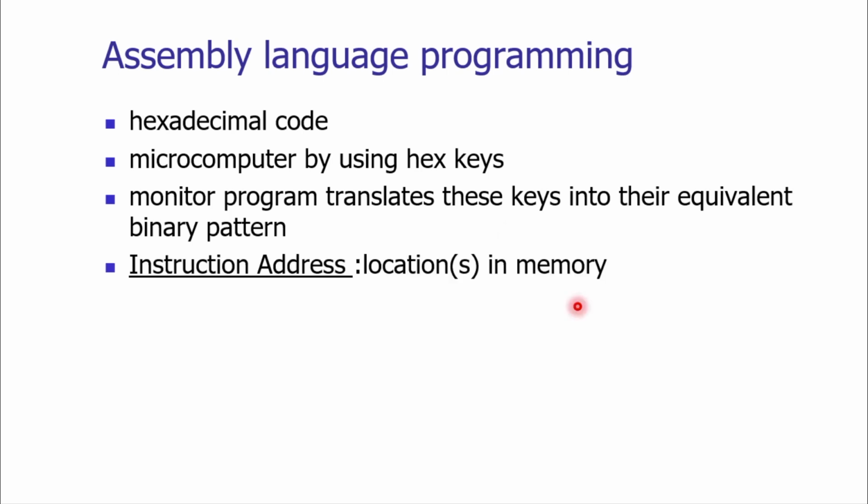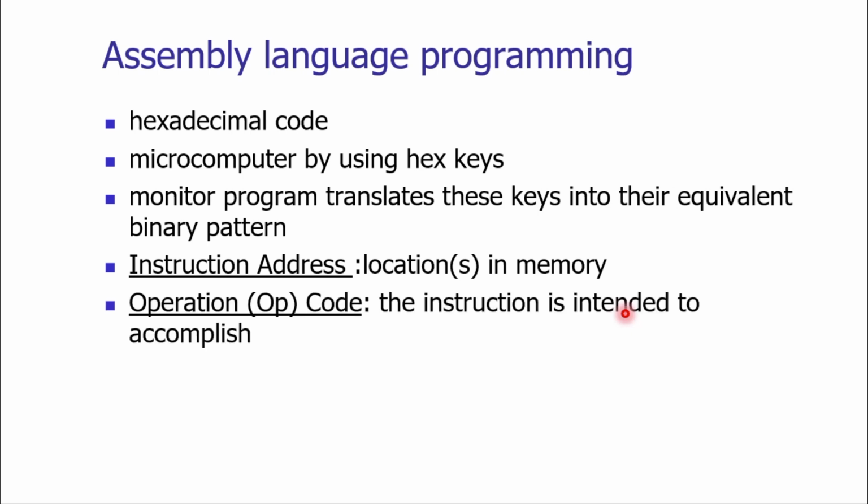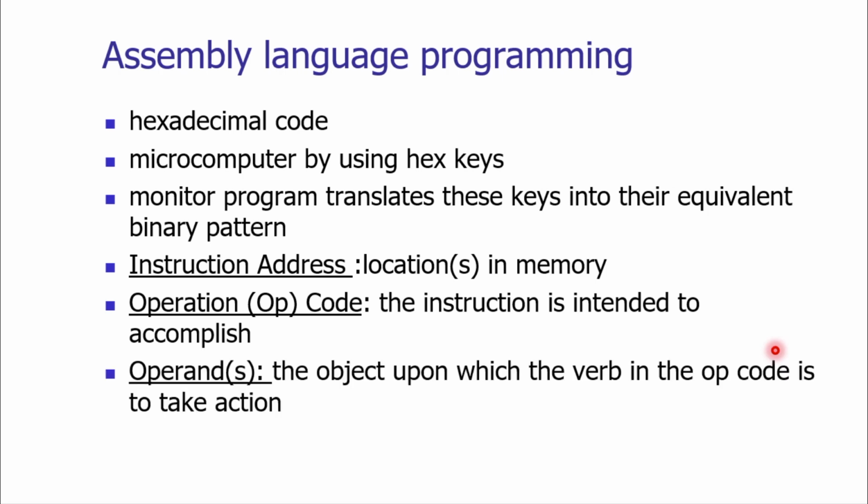What information do we need to carry out operations at the microprocessor level? We need the instruction address, that is, the location in memory of the data on which we have to carry out the operation. We need the operation code, what kind of operation we need to carry out on the data.